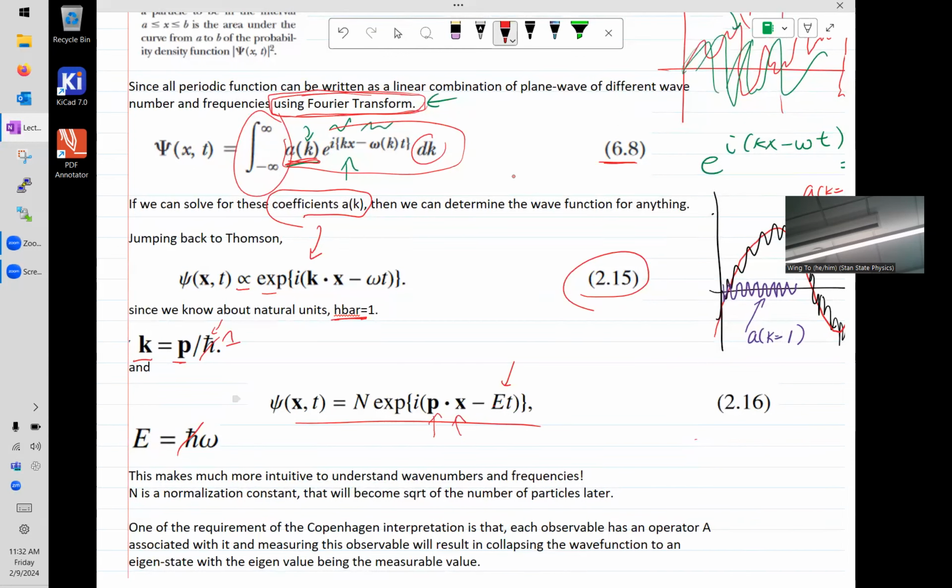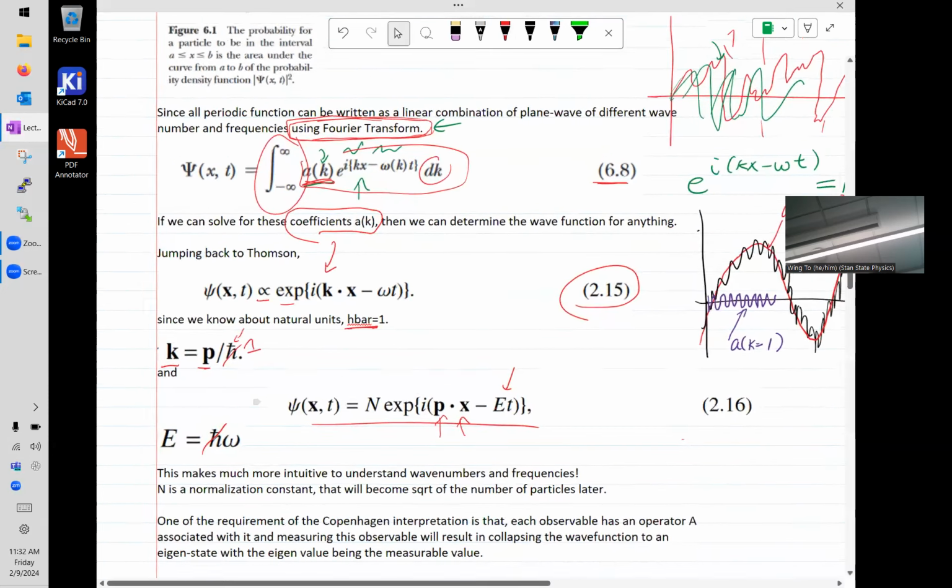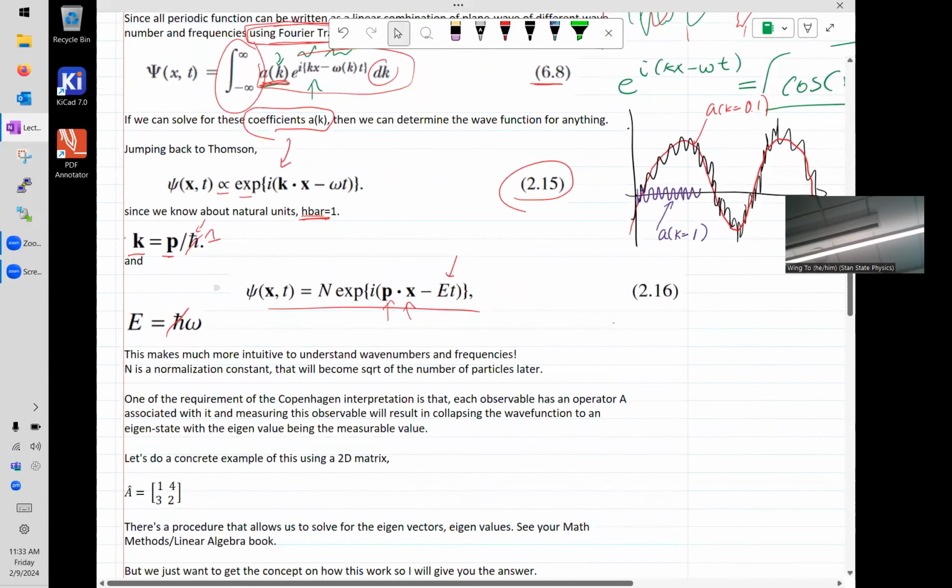So the wave number depends on the momentum, and the frequency depends on the energy of that wave, and it's just changing with time. To me, this makes it so much easier to understand wave numbers and frequencies: wave number is just the momentum, frequency is just the energy.